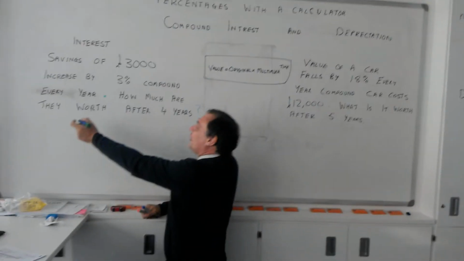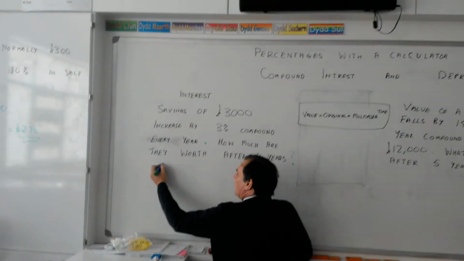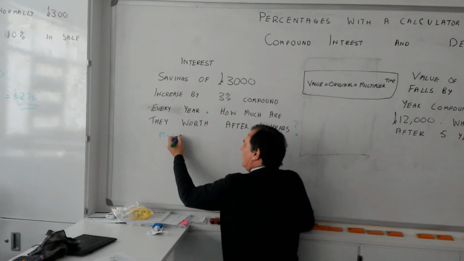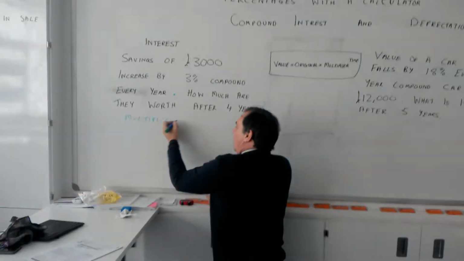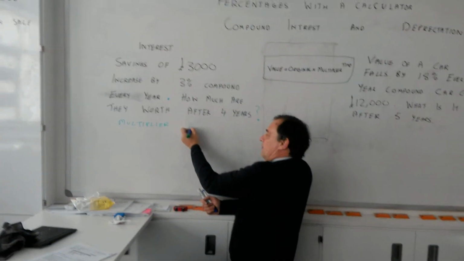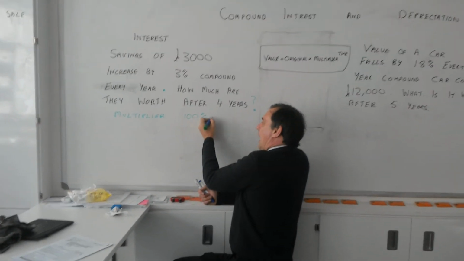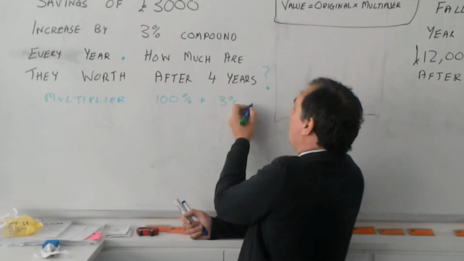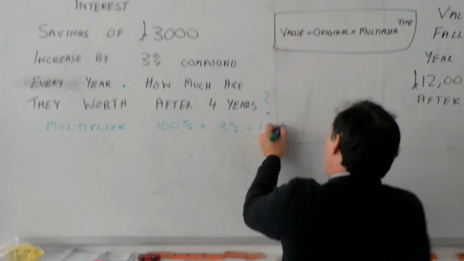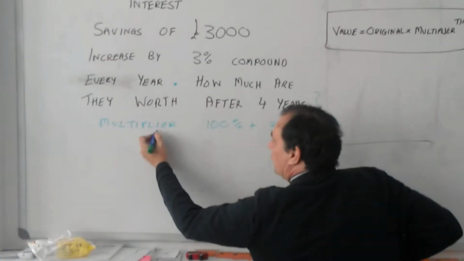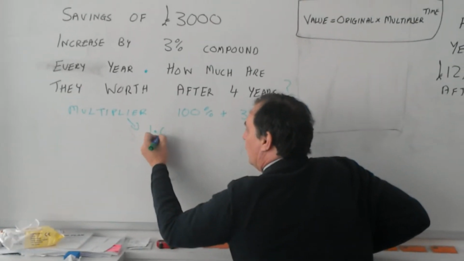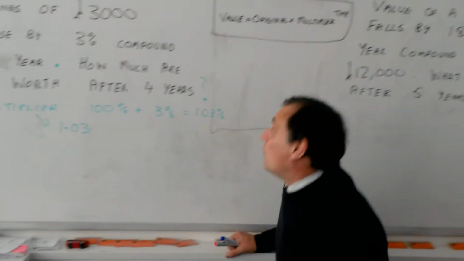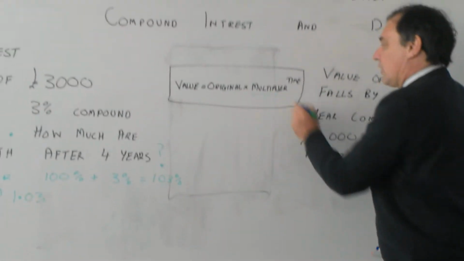Excellent. Right. So, the multiplier, we start with 100%, add the 3% to it, because that's our interest, to give us 103%. So our multiplier is going to be 1.03. So we've got the multiplier element in our equation now.